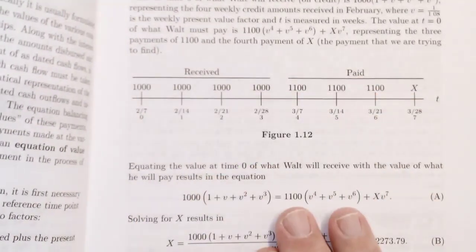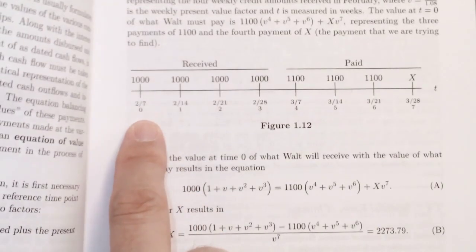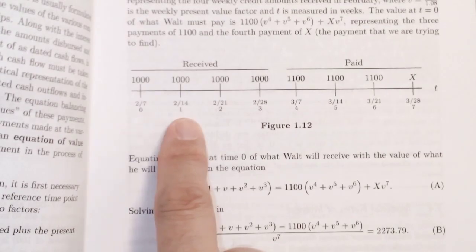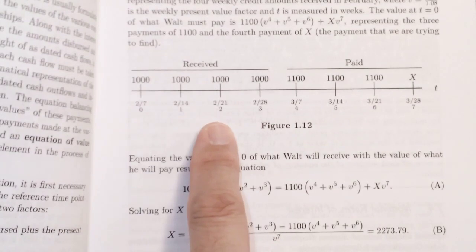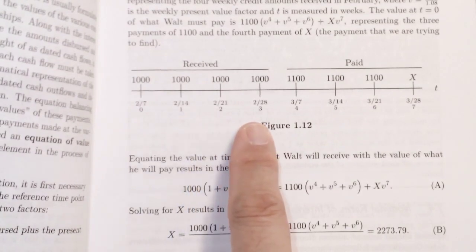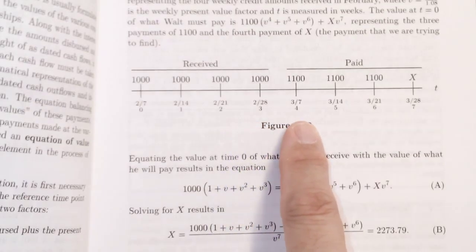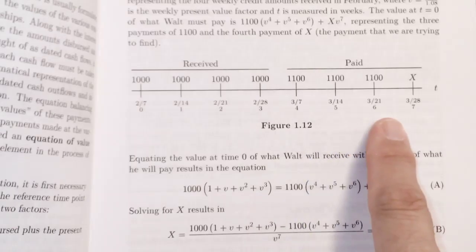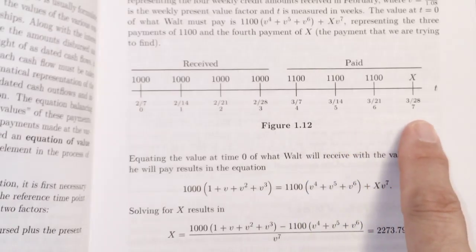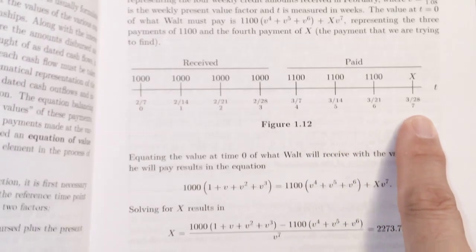So there are no 1 plus i's, they're all v's. I don't have to bring this at all, so that's just 1,000. I brought this back 1 week, so that's 1,000 times v. I brought this back 2 weeks, 1,000 v squared, 1,000 v cubed, 1,100 v to the fourth, 1,100 v to the fifth, 1,100 v to the sixth, x v to the seventh.